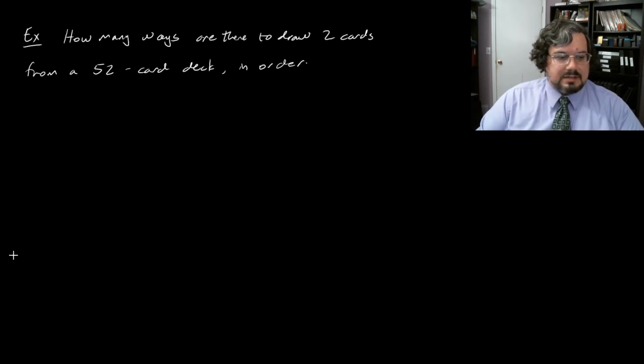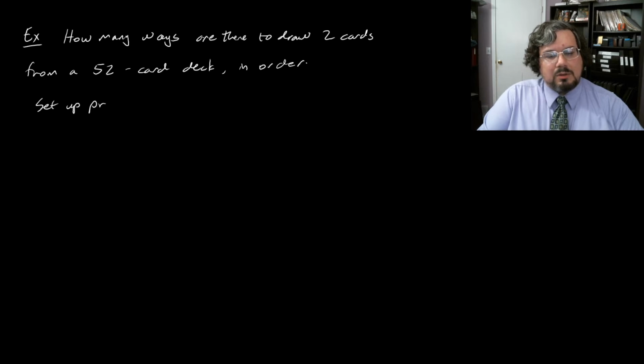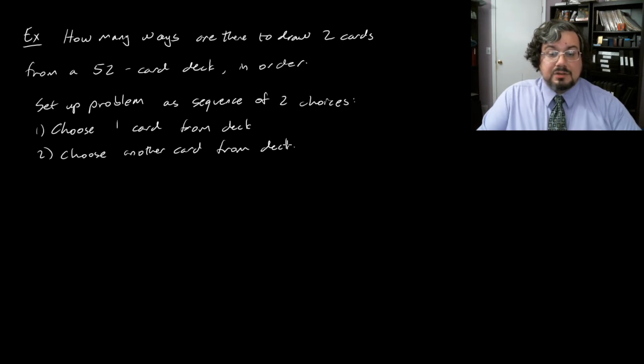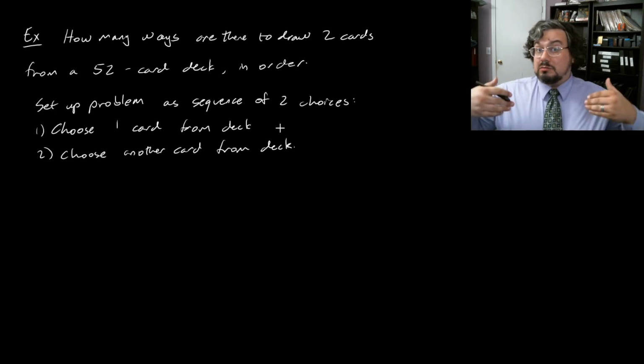But let's go ahead and consider this. We can set up this problem as a sequence of two choices, where we ask, essentially, how many ways can we choose one card from the deck, and then we will choose another card. And these two choices form the two choices in our sequence.